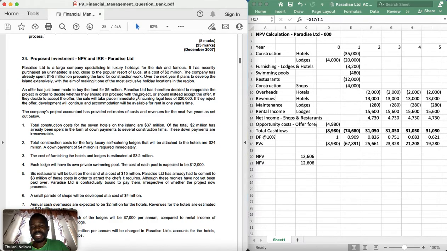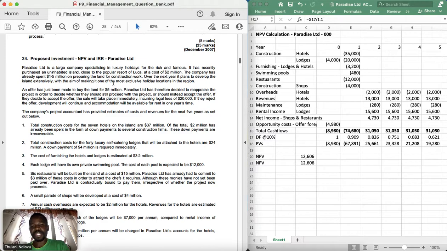So in this instance, when we go ahead and develop the land, the 5 million will become relevant, as it will be a foregone benefit. We could have gotten ourselves 5 million if we offered the land, but when we develop it, we will forego this 5 million. Net of the 20,000 legal fees, it will become an opportunity cost.